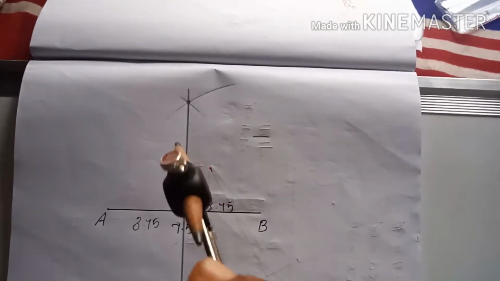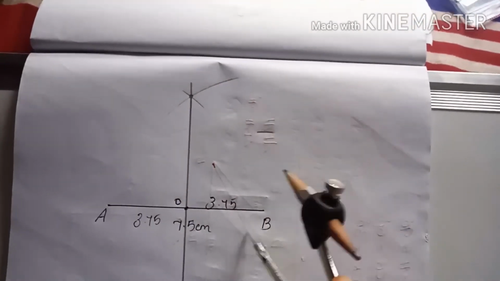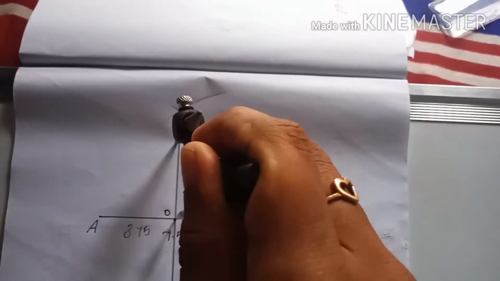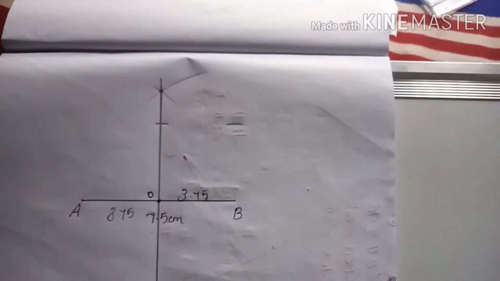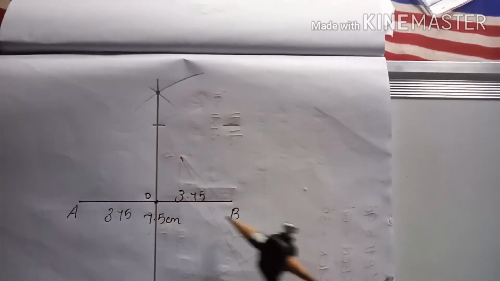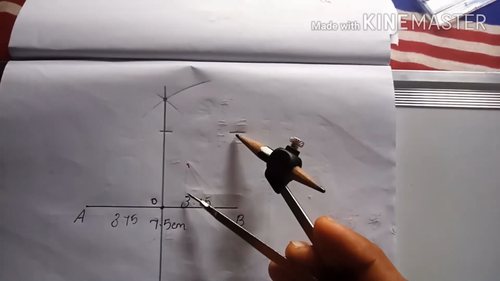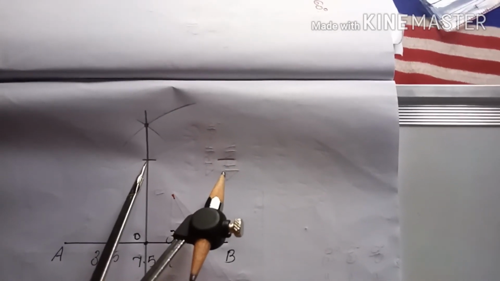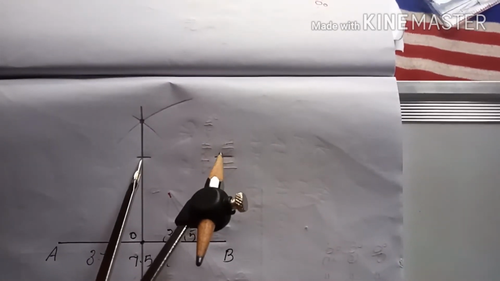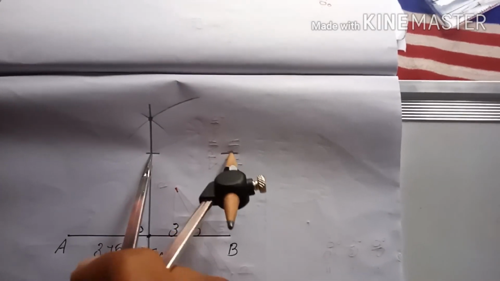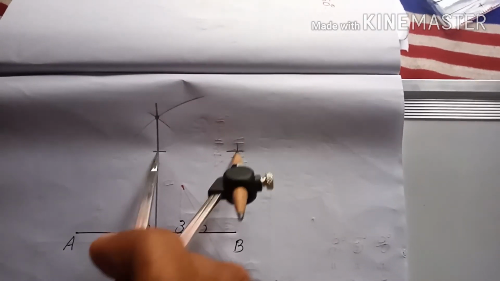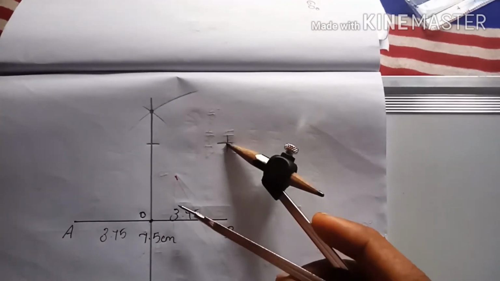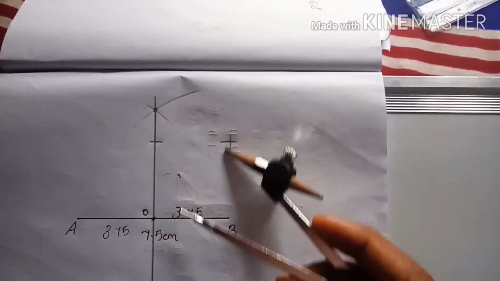Then in this side also, in total we need 4 sides. From the O point also draw one arc in that line. So we got one side, this second side. In order to get the next side, keep the compass at this point. By drawing this arc we will get one point here, so keep the compass here and draw another arc like this. Now join B to this point to this point, like this.